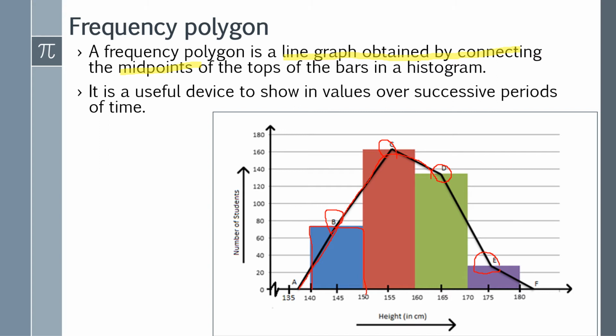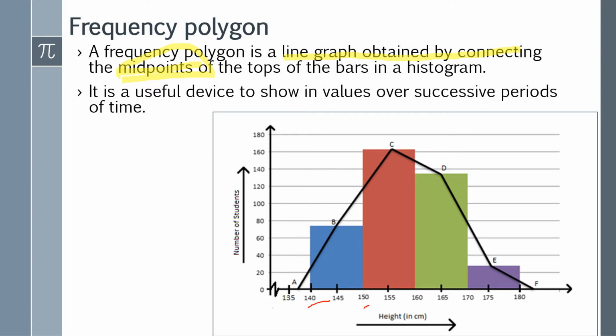So, anong ibig sabihin ngayon nito, no? So, this means that in your frequency polygon, we are considering here the midpoint, no? We are looking at the middle scores or the midpoint or the mid-score of each class, okay? So, like for example, between the class of 145 centimeter and 150 centimeter.